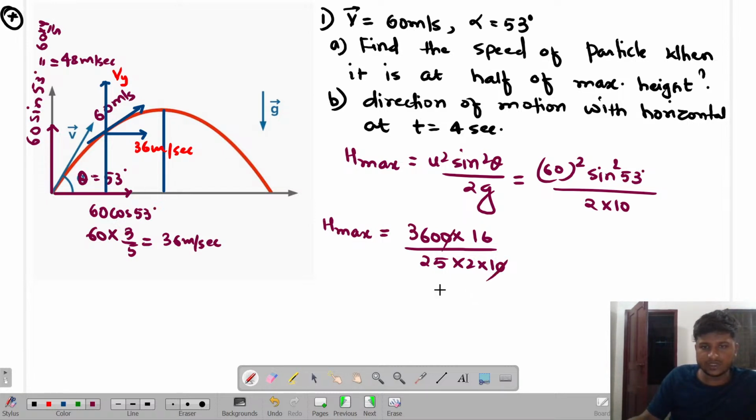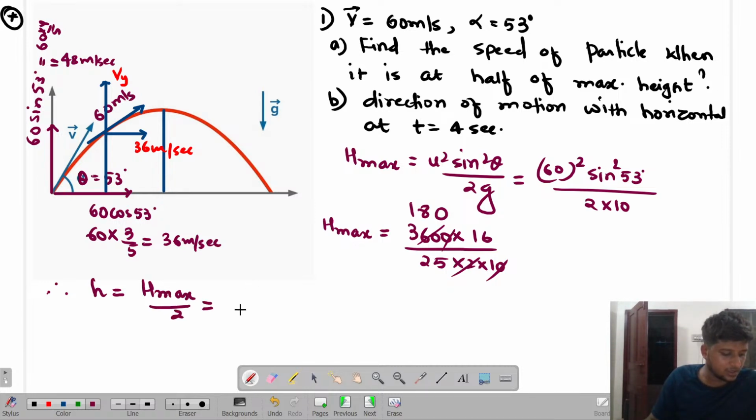So this 0 0 will cancel, and this is 2 into 180, isn't it? Yes, so therefore I need to find at height h is equal to h max by 2. So h max by 2 means what? It will be 180 into 16 by 2, that is 8. 180 into 8 by 25, that is my h max.